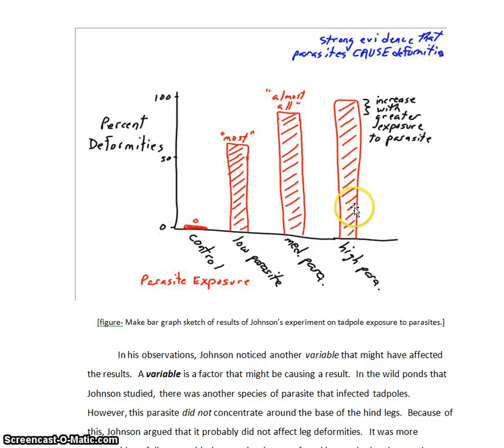And so this is strong evidence that in fact parasites are causing deformities. As the parasite load, as they call it, increases, the deformities are also increasing. And that would most simply be explained by the fact that the parasites are causing the deformities. Again, in the control condition, without any parasites, no deformities.